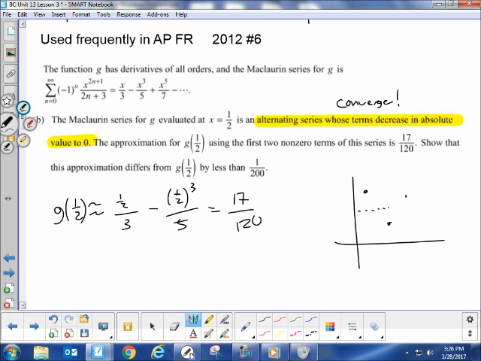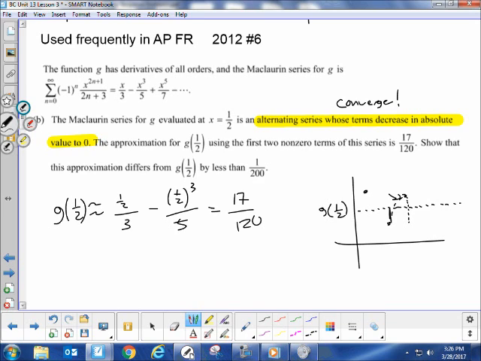Well, we know that the actual sum, which is going to be G of 1/2, the actual value, has to be between these two values, right? We know that this is the error and that the maximum error would be this distance that we added. All we need to understand is how much we add to our previous term and show that that term is less than 1 over 200, and we've answered the question.